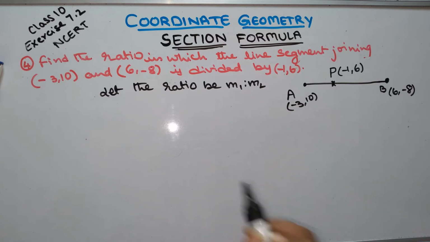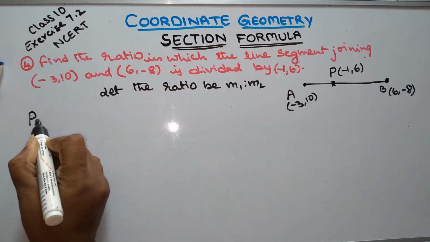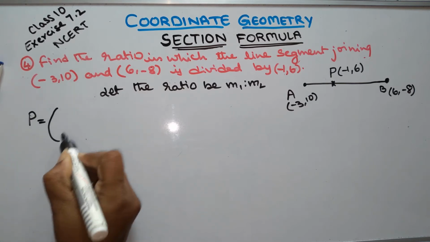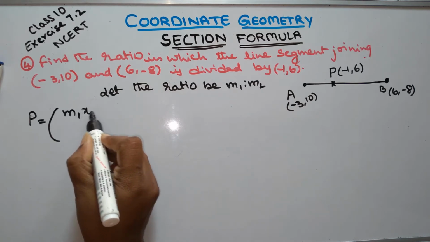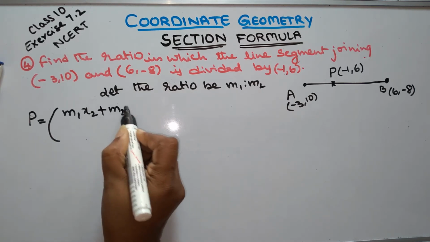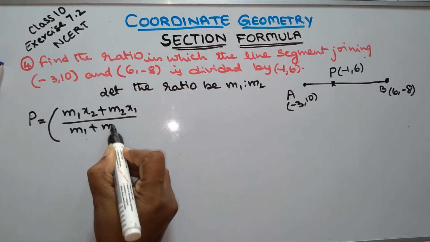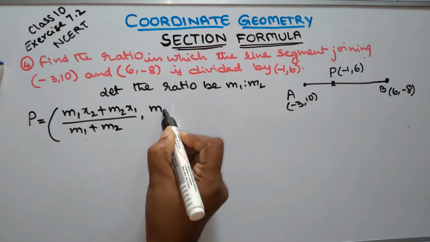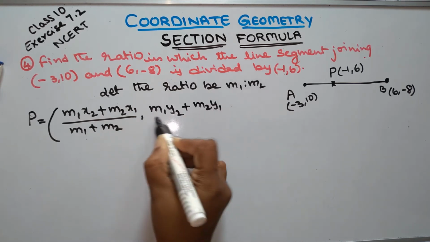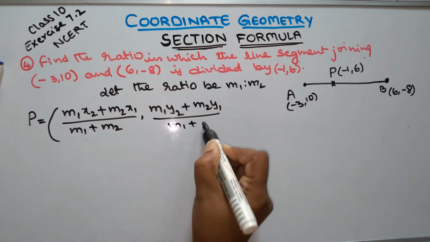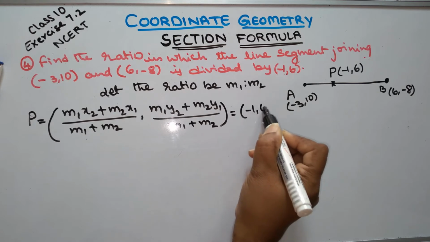By using section formula, we can write the coordinates of P as P equals (M1 x2 plus M2 x1 by M1 plus M2, comma M1 y2 plus M2 y1 by M1 plus M2), and this is equal to (-1, 6) given.